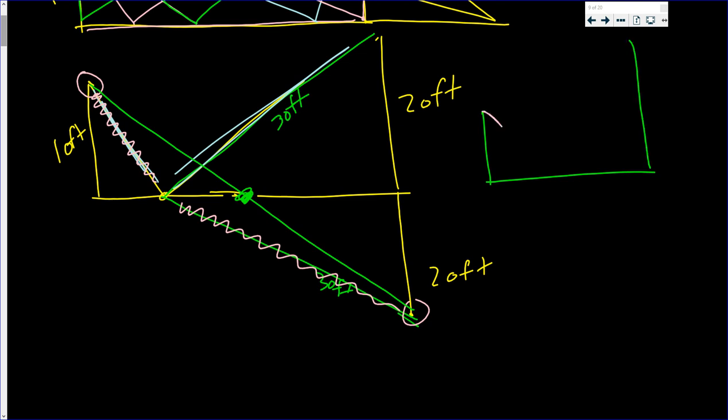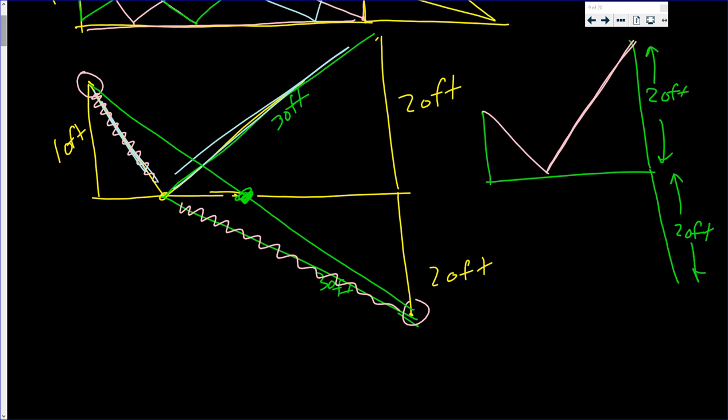You come here and then you go there. But going on this portion, that's the same as reflecting it. If this is 20 feet, I'm going to make this also 20 feet. So this distance that I'm now drawing in blue, this distance here is the same as that distance.